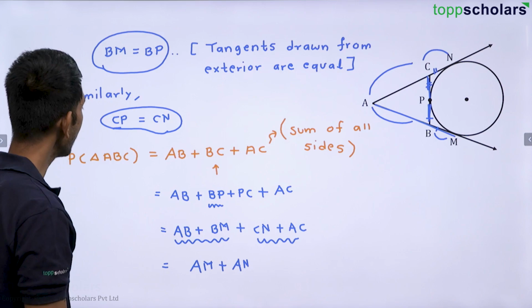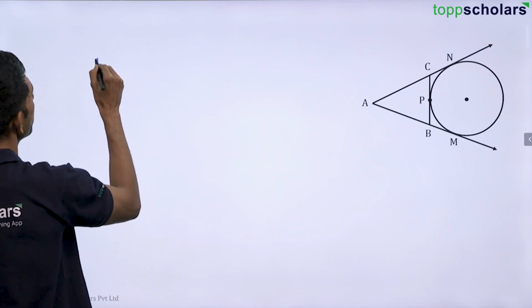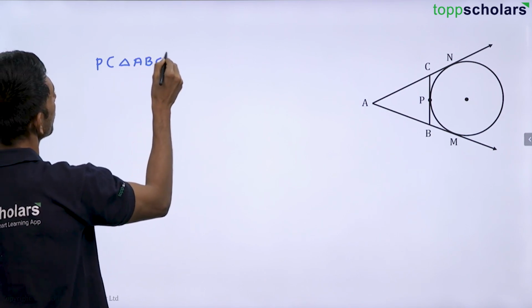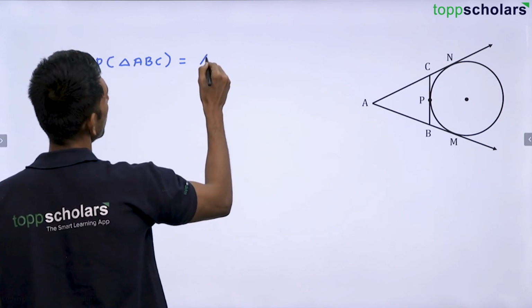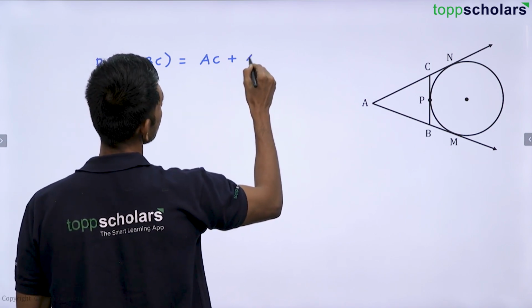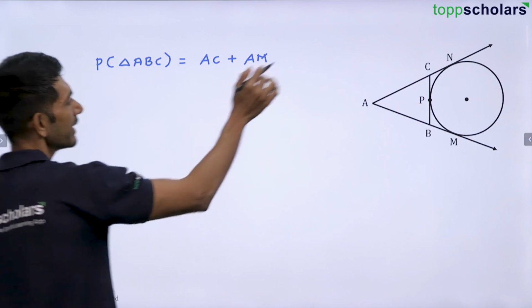So the result that I have right now is perimeter of triangle ABC is equal to AN plus AM.